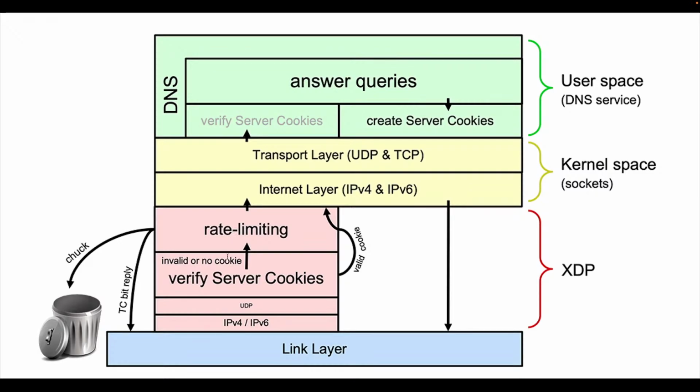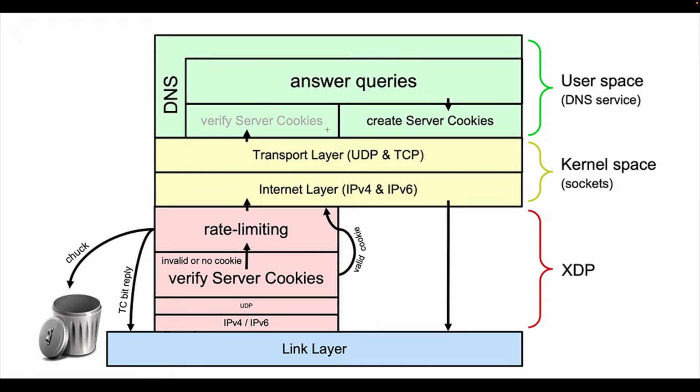So there are two parts: verify server cookie and rate limiting. If the server cookie is valid, it will bypass the rate limiting and go to the kernel space IP layer, UDP layer, and then to the DNS application, the DNS server. That's basically how it works.